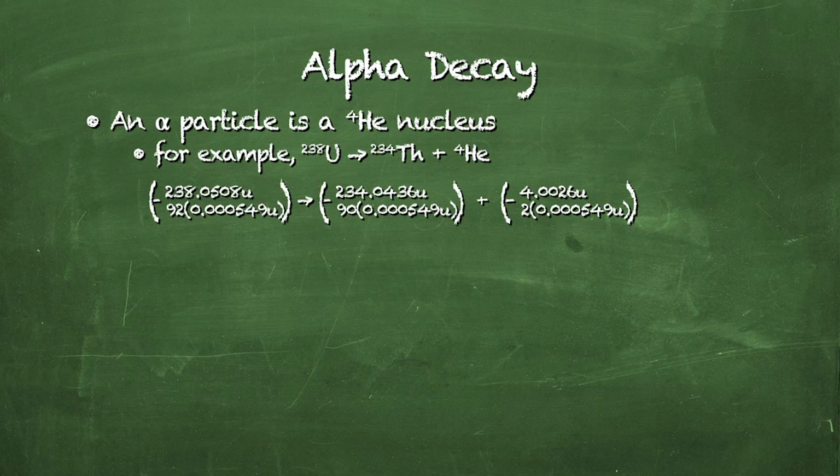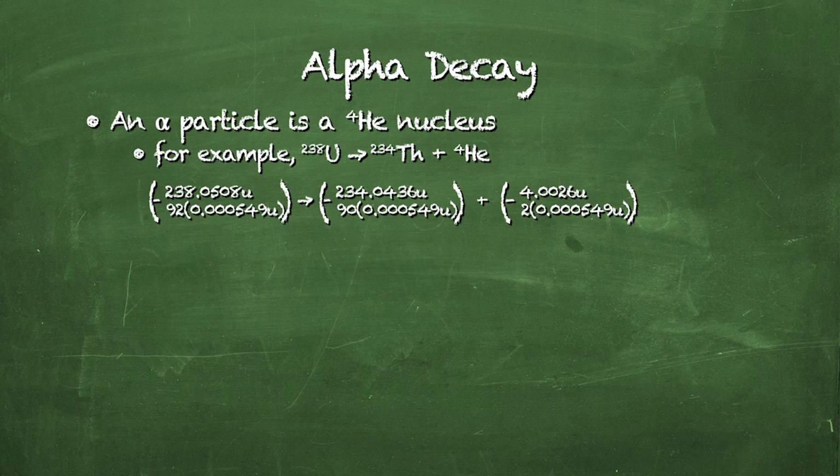The mass of helium-4 is 4.0026 atomic mass units, minus the mass of 2 electrons, so it would be minus 2 times 0.000549 atomic mass units. Now, once again, I got the mass of these atoms from a table of the isotopes, such as you can find in the back of your book or on many sources on the internet.